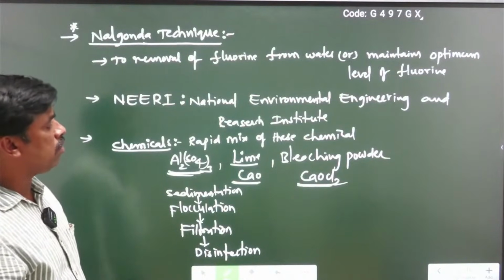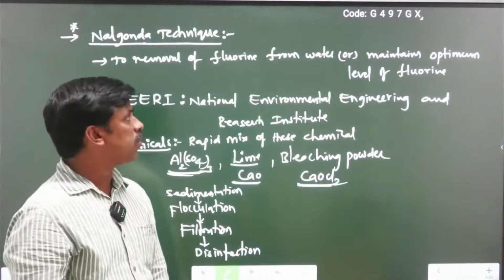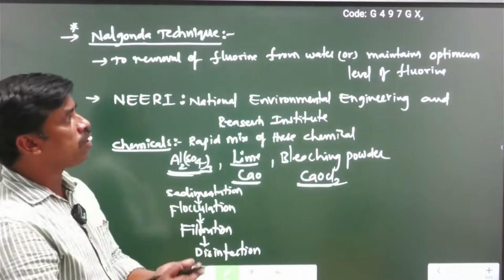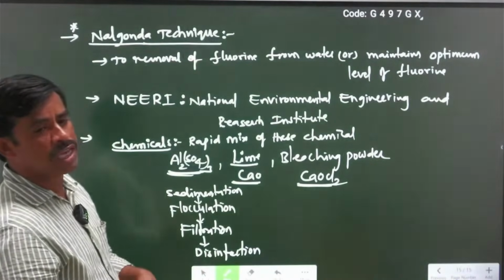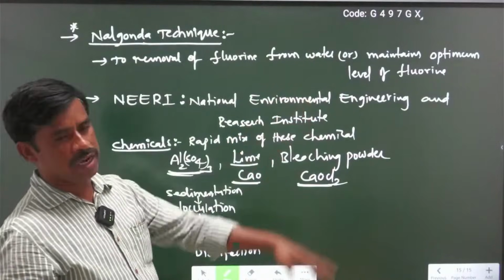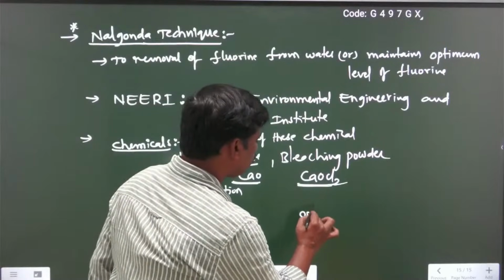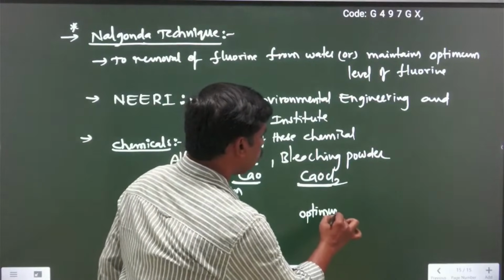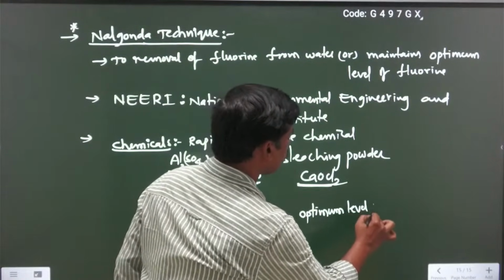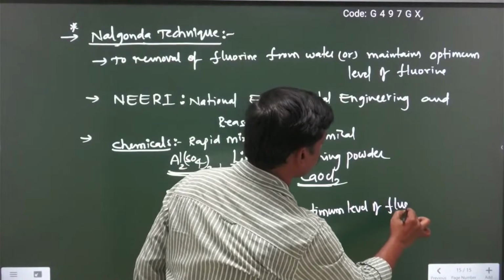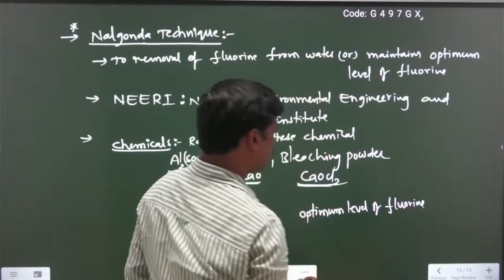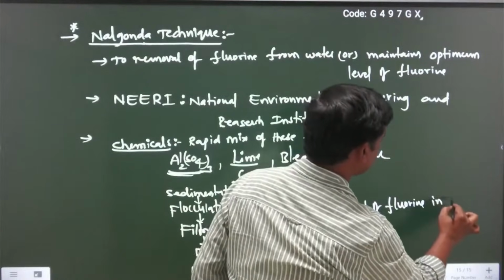This is the Nalgonda technique. The main aim of this technique is to minimize fluorine, or to keep it at an optimum level. What is the optimum level of fluorine in water?